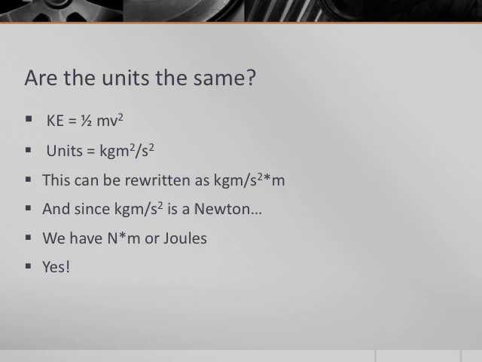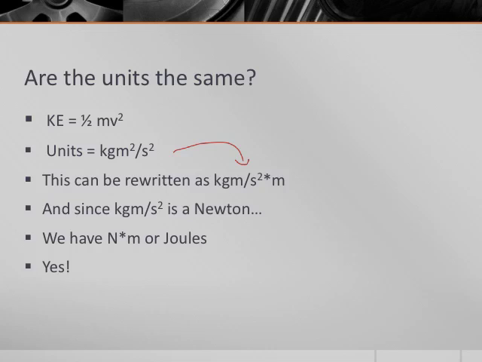First off, we need to confirm that the units are the same. KE is measured in mass and velocity, and the units for mass are kilograms. Because it's velocity squared, the units for that portion are meters squared divided by seconds squared, because you take the meters per second and you square them. Now, you can rewrite that slightly, pull the second meter out, and then you'll have a kilogram meter per second squared times a meter.